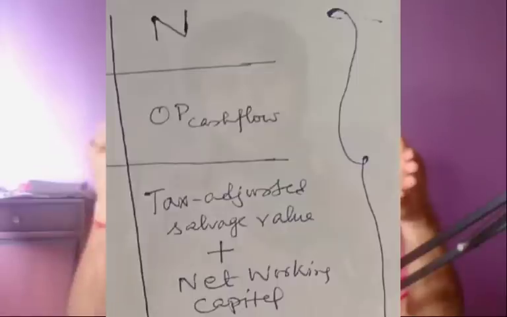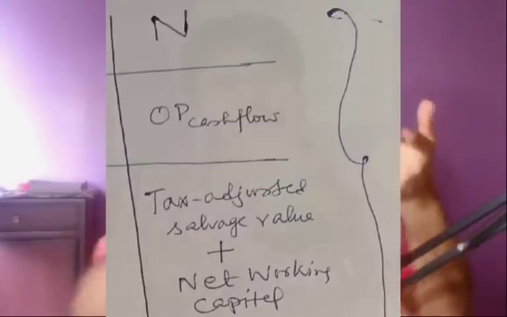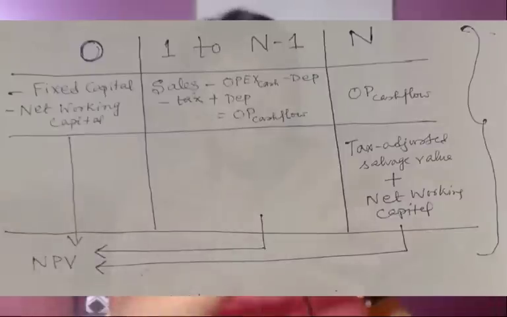In the last year, the terminal year, so let's say if a project is of 10 years, the last would be the 10th year. In the 10th year, you will have some kind of operational cash flow, as well as you will sell off your assets and gain some kind of a return from that. So combine both these cash flows and discount them again to the present.